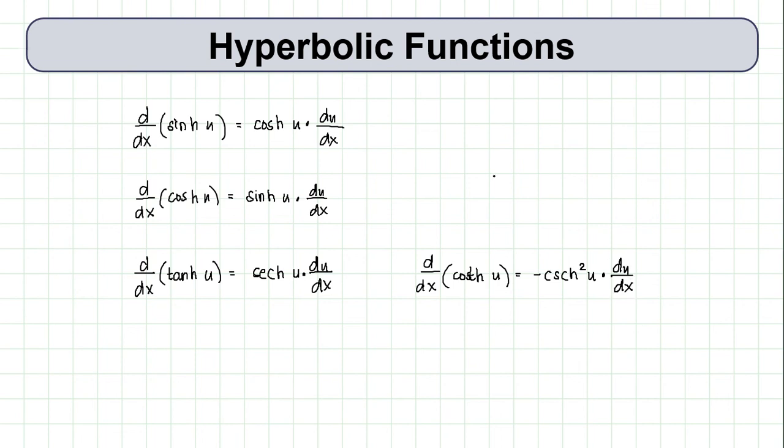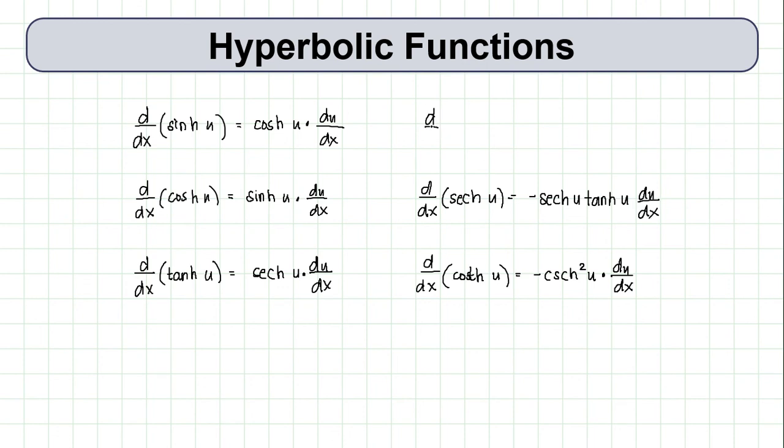For secant naman, derivative with respect to x ng hyperbolic secant of u equal yan sa negative hyperbolic secant of u times hyperbolic tangent of u times du dx.